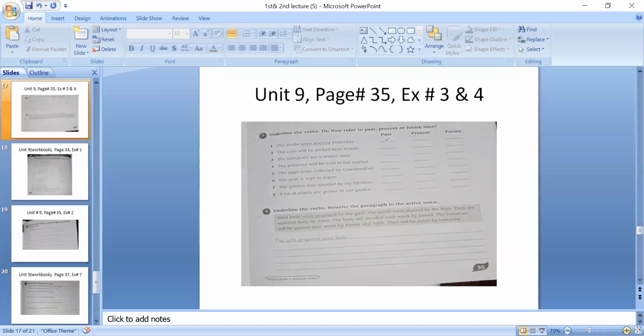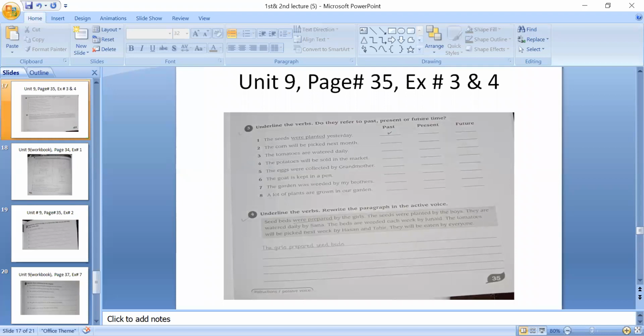Exercise 3. You will only be doing exercise 3.